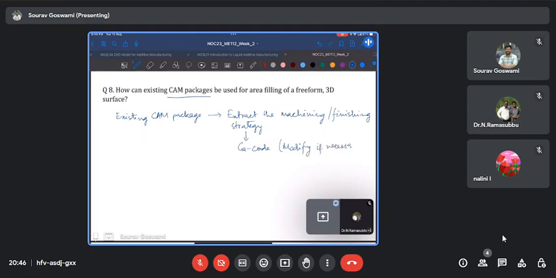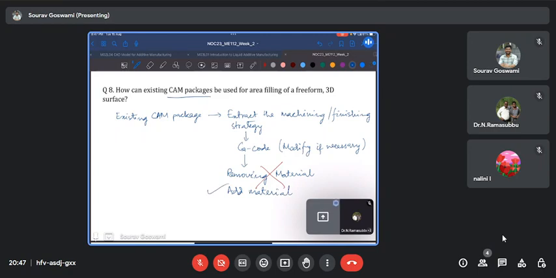Of course, the modifications could only be minor. And using this G code, instead of removing the material, which would have been done by the CAM program or the CAM algorithm, removal of material, which is a subtractive step, we utilize this G code, of course, with the necessary offset or the necessary changes to add material to the freeform surface.